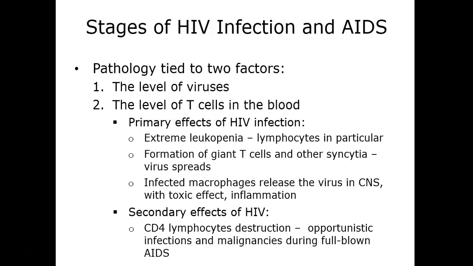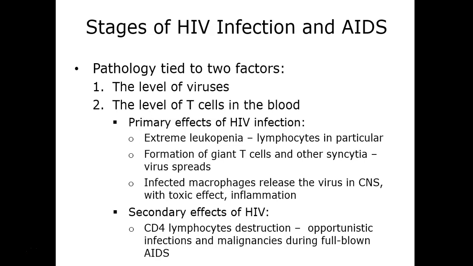So the primary effects of HIV infection are first, destroying the white blood cells, leukopenia, and formation of these giant, multinucleated T cells, where the virus is able to spread from cell to cell. And infected macrophages are going to have the possibility of releasing the virus in the central nervous system.